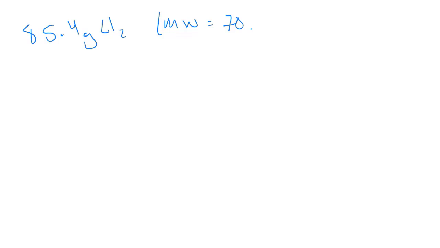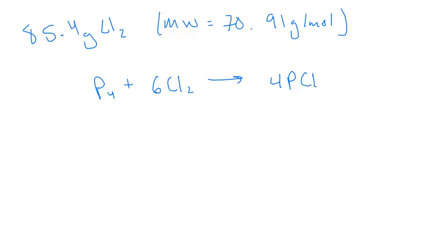So far, actually, they gave us a balanced equation. So it's P4 plus 6Cl2 yields 4PCl3. I would definitely agree with you if it was unbalanced, but it's already balanced. They gave us that.